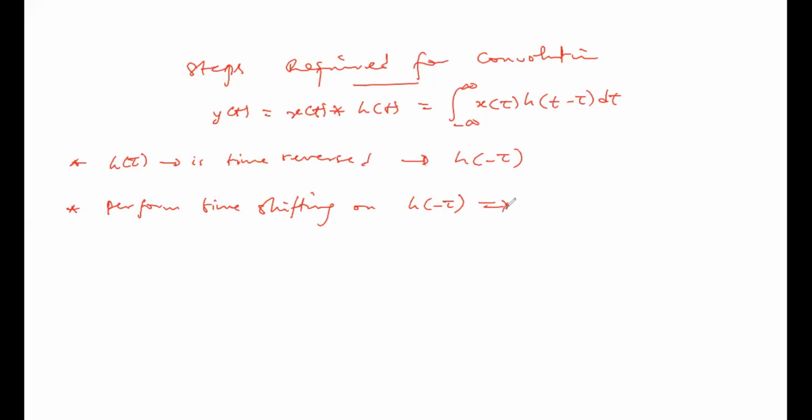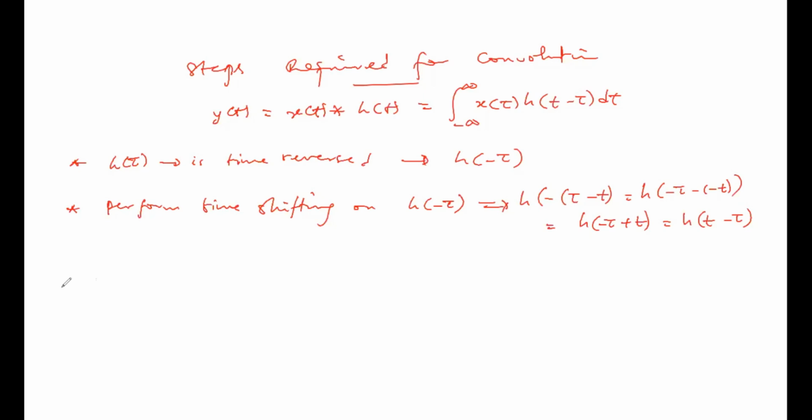And once we do this, we are going to get h of negative tau minus t, right? We're actually performing time shifting on tau. So this is the same as h of negative tau, negative t, and this is going to give us h of negative tau plus t, which will be the same as h of t minus tau. See?